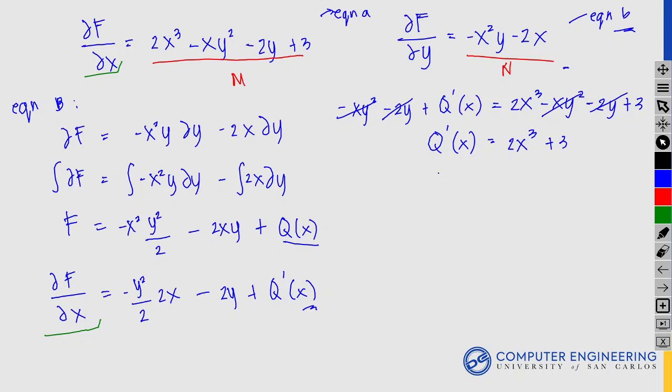In order to get u of x, we have to integrate everything with respect to x. Remember that u prime of x is just the derivative of u of x with respect to x. Cross multiply to the right and then integrate. So the integral is 2 over 4 x to the 4 plus 3x.